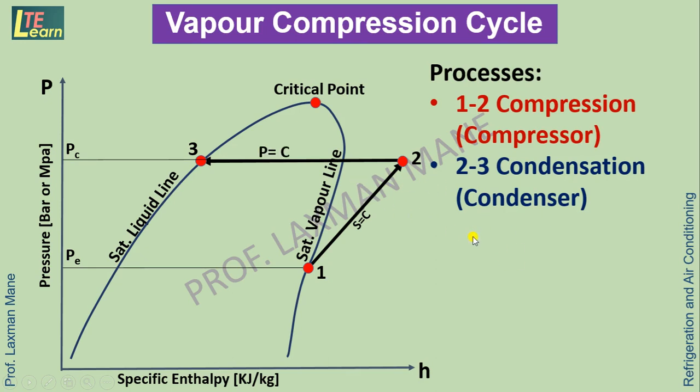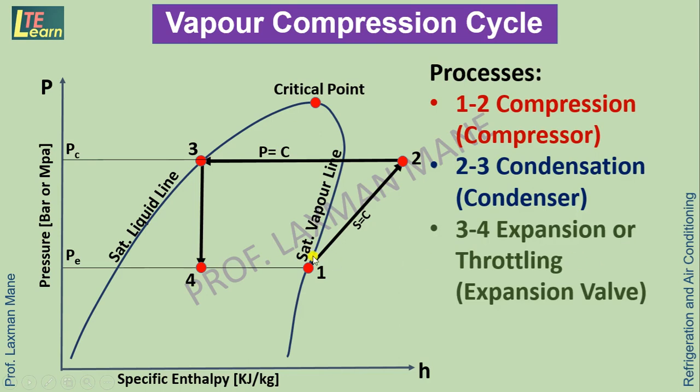From point number 3 to point number 4, the process is expansion. This is a throttling process, meaning in this case the enthalpy of the refrigerant is constant. In this case the temperature and pressure of the refrigerant are reduced a lot, to a negative temperature.